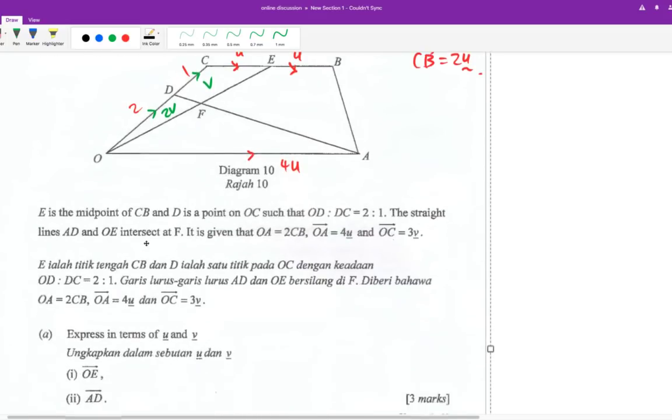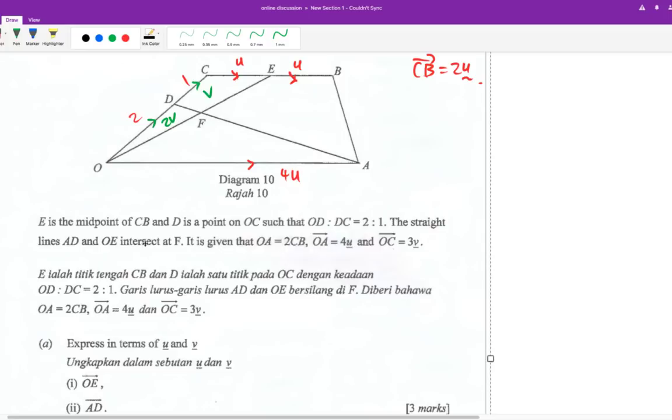Then question 1: express in terms of u and v. You need to find the OE. O to E, I know OE basically equals OC plus CE. It's quite simple. O to C is just 3V, C to E is just 1U. So 3V plus U. That's all.